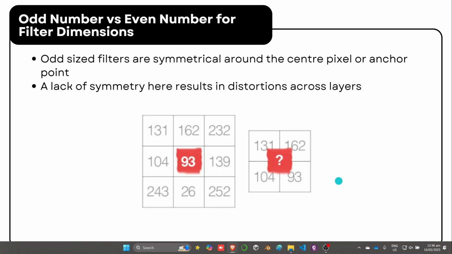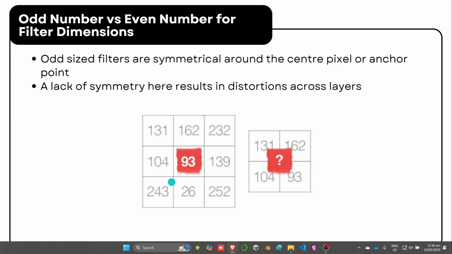While it can work, and there's no mathematical reason why we can't have an even number filter, in theory and practice convolutional networks don't perform well with even sized filters. They work much better with odd size filters because of that symmetry around the center point or the anchor point.